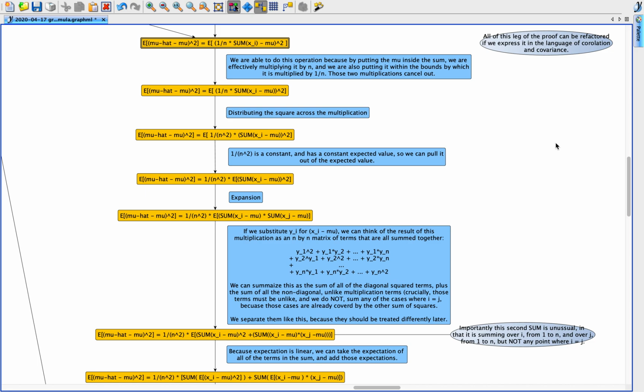There's a possibility, of course, that xi equals xj, but they're both random draws. It's not the case that I can just treat them as equal. They both have some possibility of being equal in expectation, but they represent different separate draws.